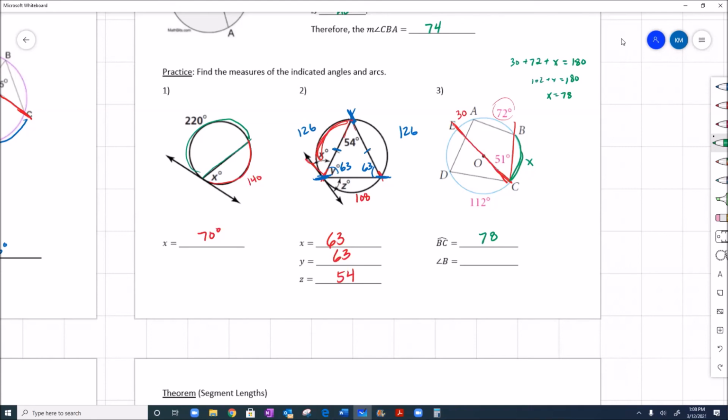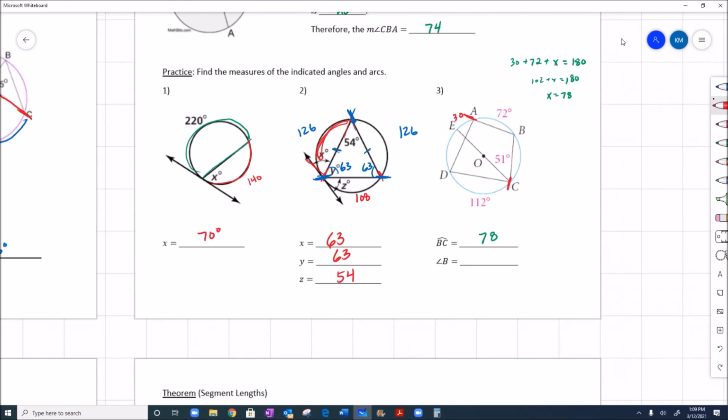Now we're trying to find angle B. As we look at angle B, we're looking at an inscribed angle again. Notice B is an inscribed angle. Let me erase some of this stuff as we go into the next problem. This is still 30. Now as we look at our inscribed angles, inscribed goes here to here.